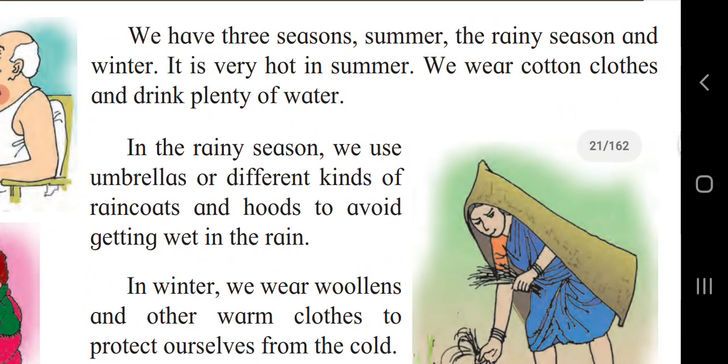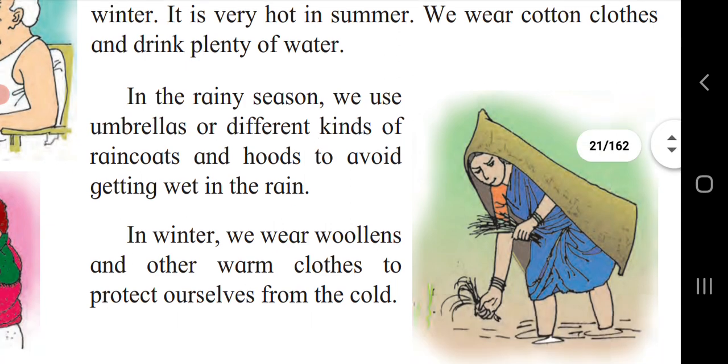We have three seasons: the summer season, the rainy season and the winter season. It is very hot in summer. We wear cotton clothes and drink plenty of water. In the rainy season, we use umbrellas or different kinds of raincoats and hoods to avoid getting wet in the rain.